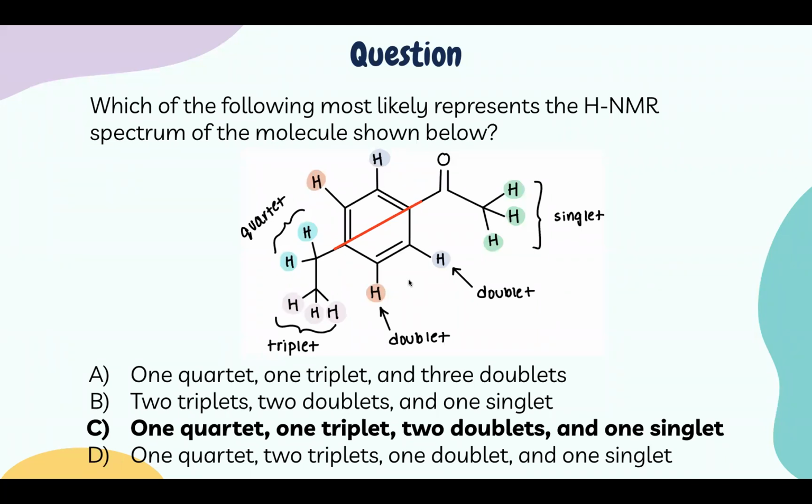So it's the same signal with the same split twice, which then creates a 2H or 2 hydrogen signal that represents the orange hydrogen. Does that make sense? Okay, good.